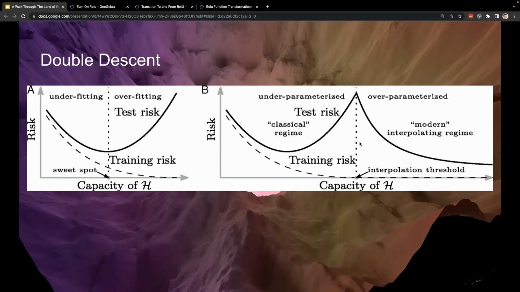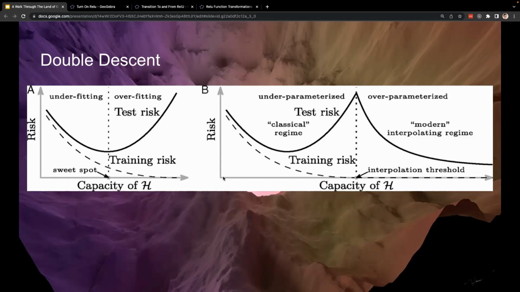The point at which this switches, which was fascinating to me, was exactly the point at which you interpolate the data, at which point your training loss is 0. It's kind of weird how this works, and people have thought about it.